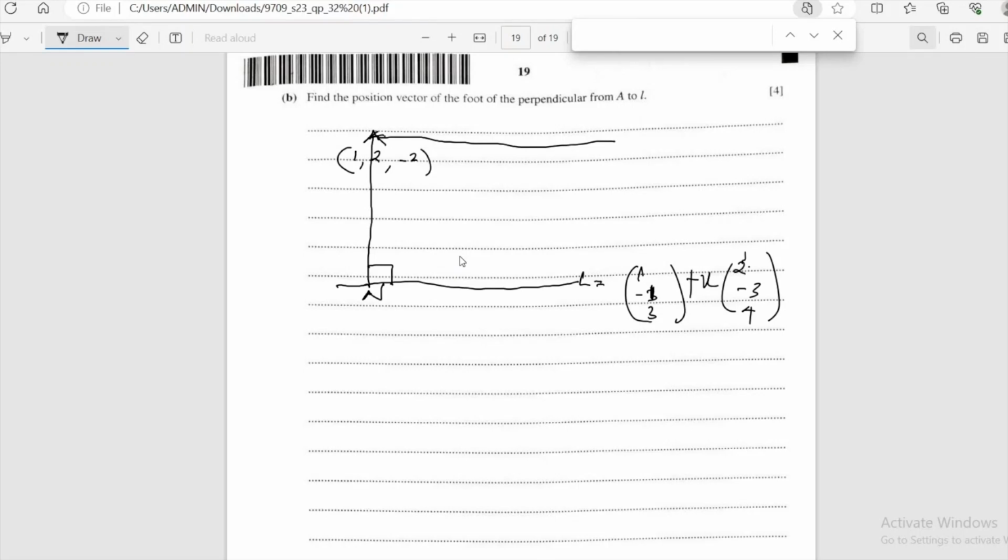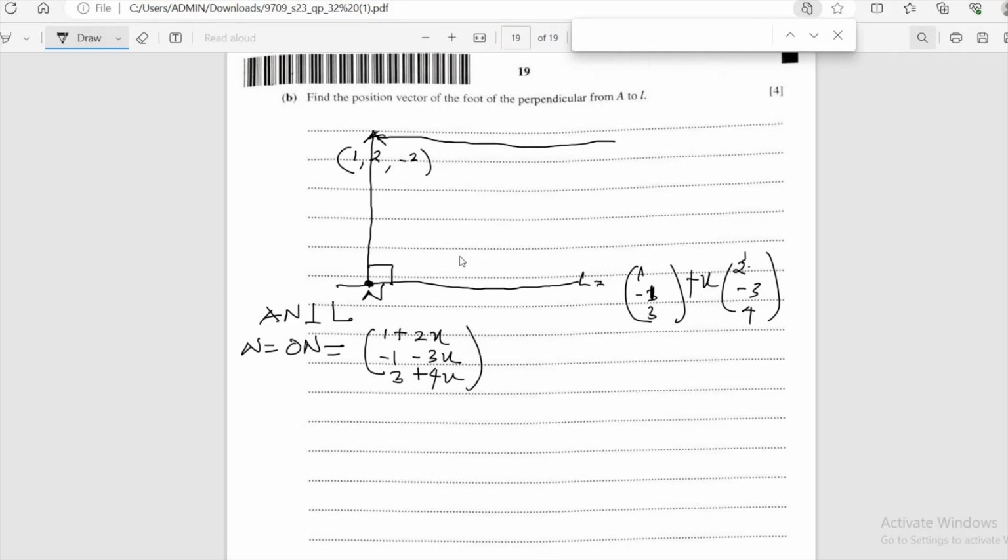From this diagram, you can see that AN is perpendicular to L, and also N is on the same position as L. N, the one I labelled N here, is on the same position as L, which means ON takes the same vector equation as L, which is 1 plus 2 mu, minus 1 minus 3 mu, 3 plus 4 mu.